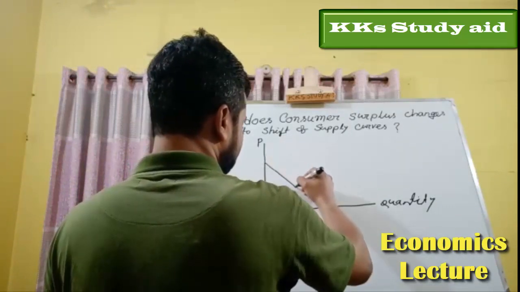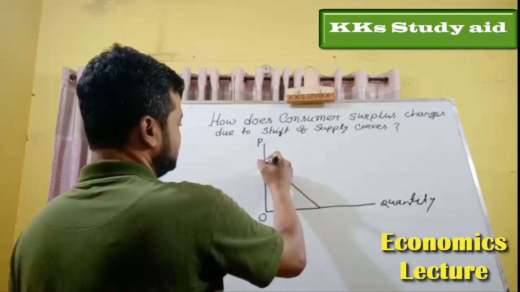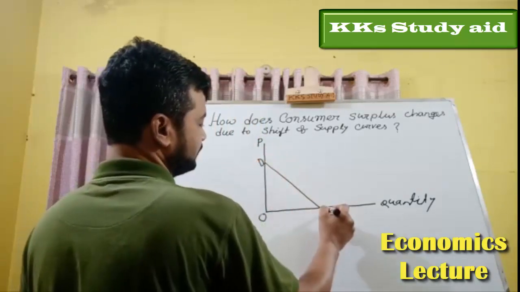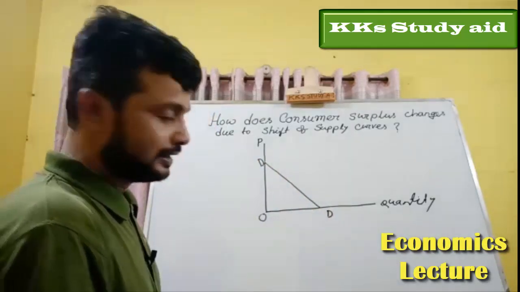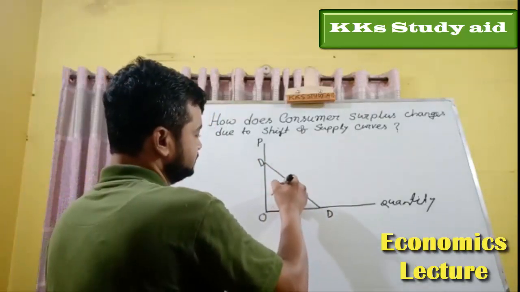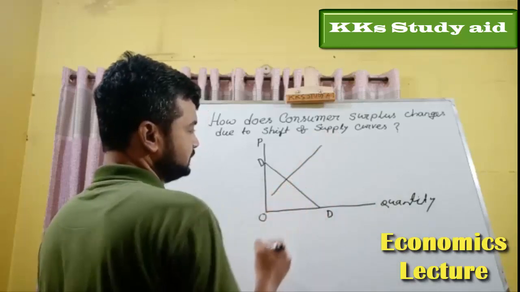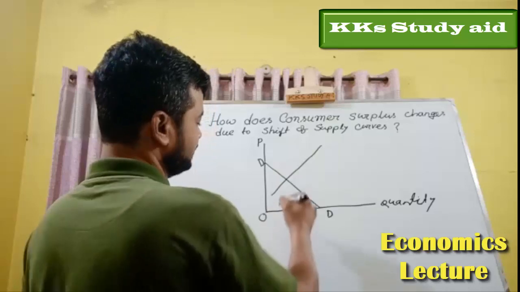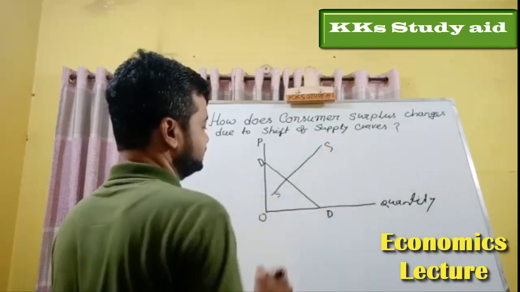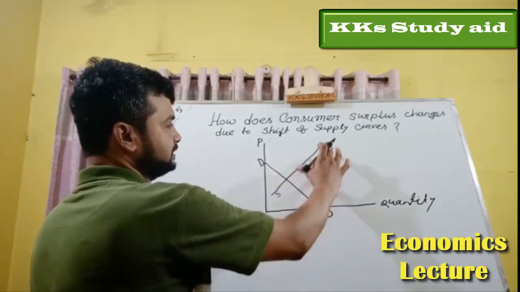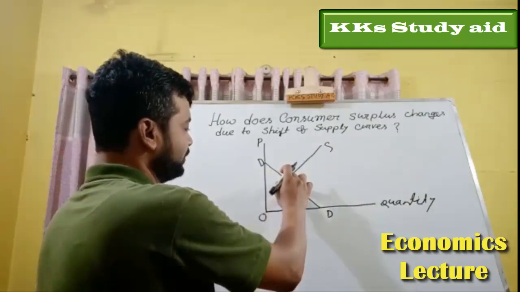There is a demand curve here, we can call it D, and there is a supply curve like this, which is upward sloping, and we call it S. The demand curve and the supply curve intersect at this point.